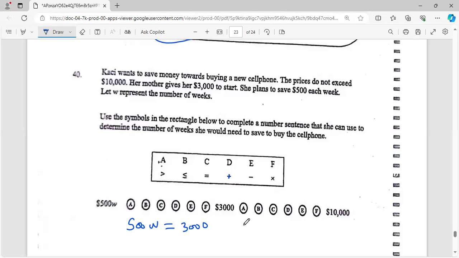All right, Sakina, they say you can't use a symbol twice, only once. Sir, D. Wait, hold on. D is plus.